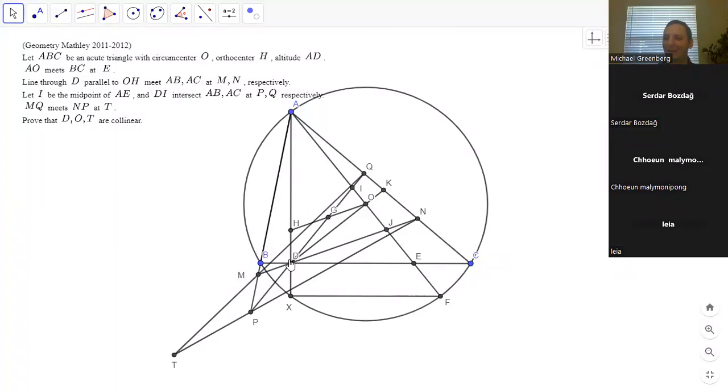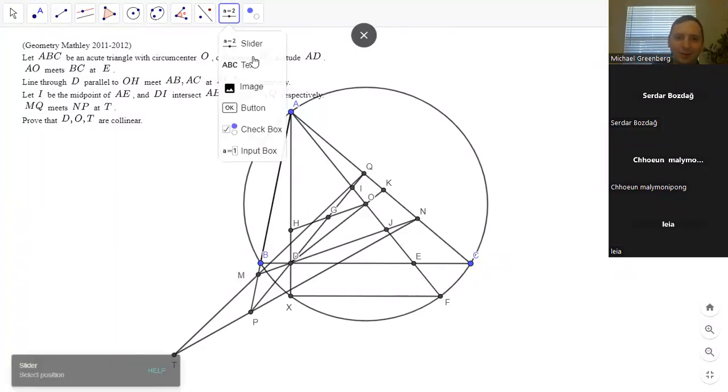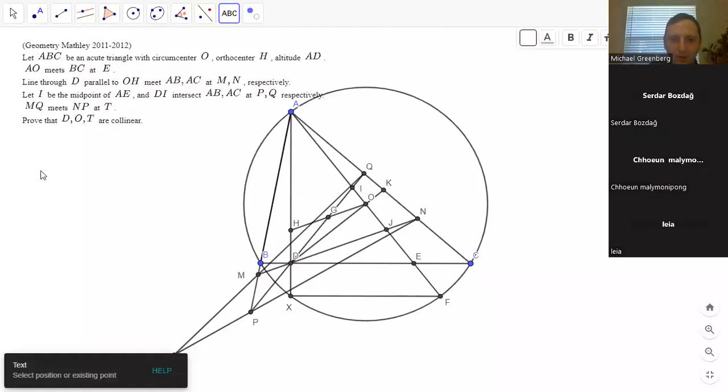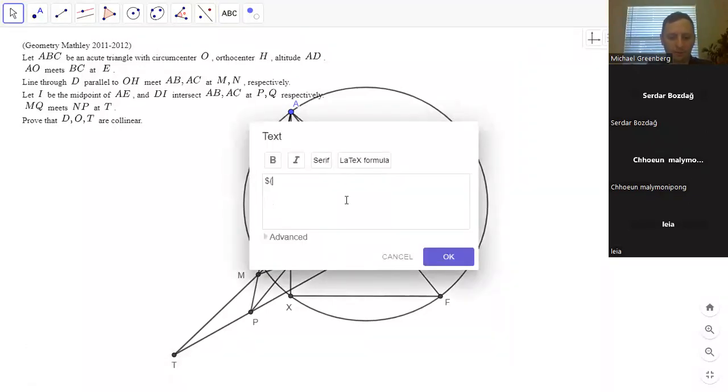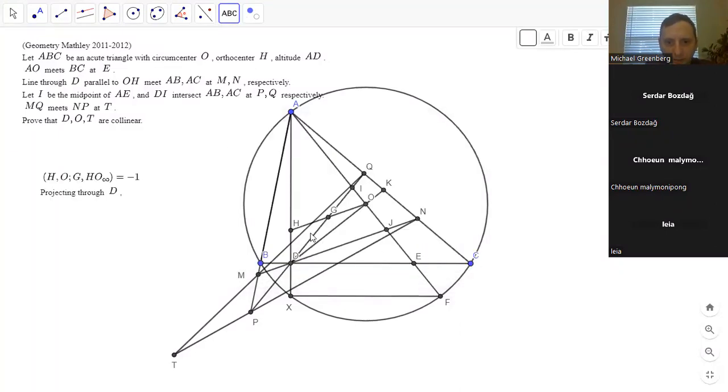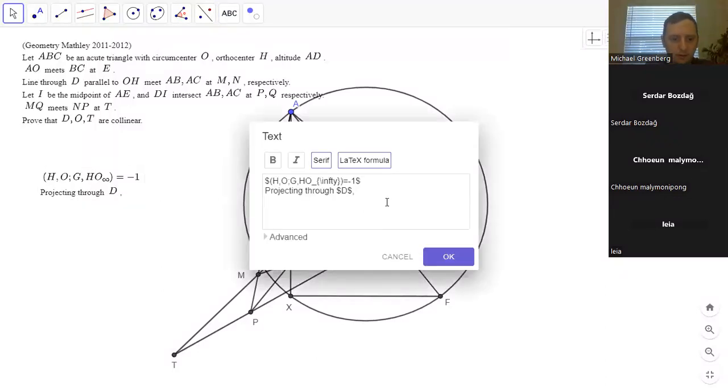That's great. Yeah, I might as well type it because it's not really a long proof. So, (H, O; G, infinity) is equal to -1, and then projecting through D, then we have AKQN is harmonic.